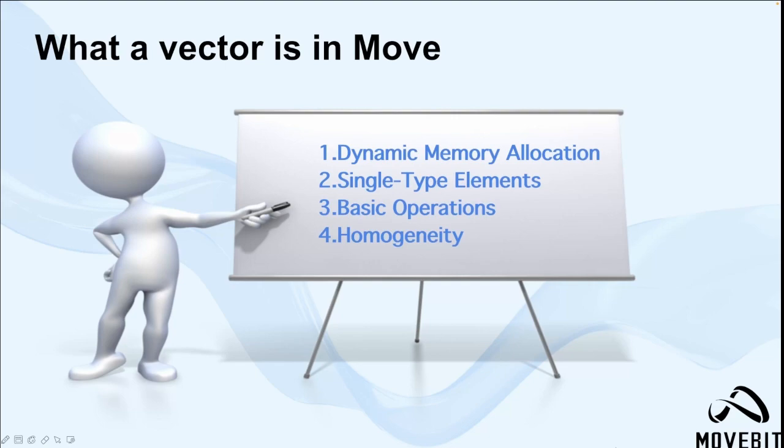While a vector defined with a generic type can accept objects of an arbitrary type, all objects in the collection still must be the same type. This means the collection is homogeneous. A vector is an important data structure in Move and other programming languages due to its flexibility and efficiency for managing collections of data.